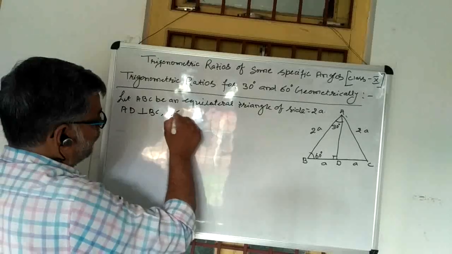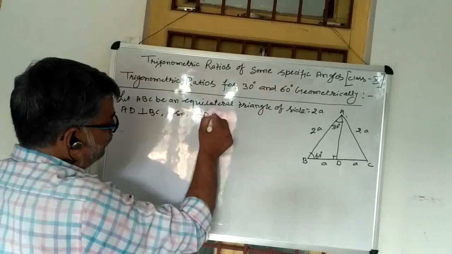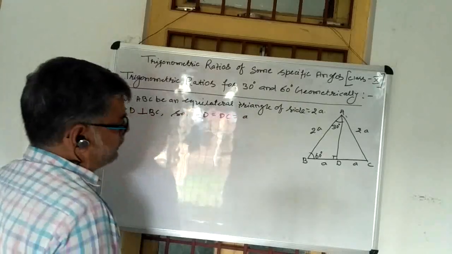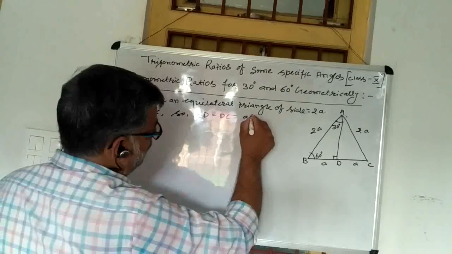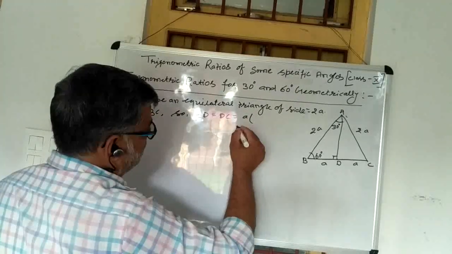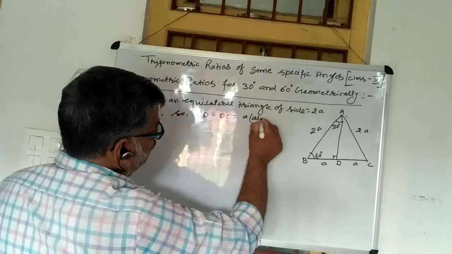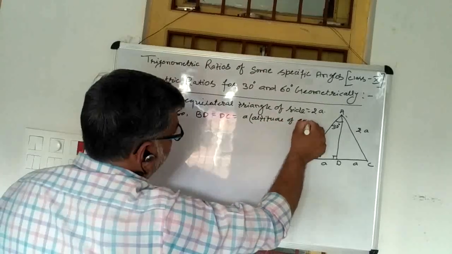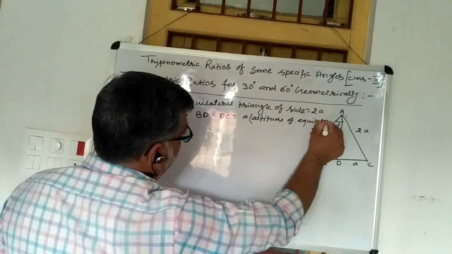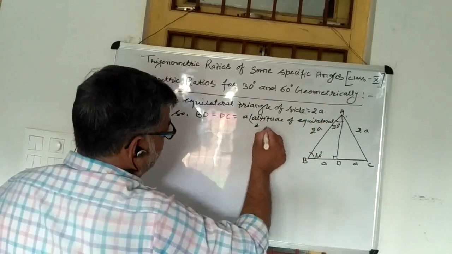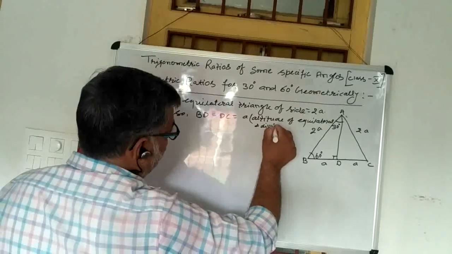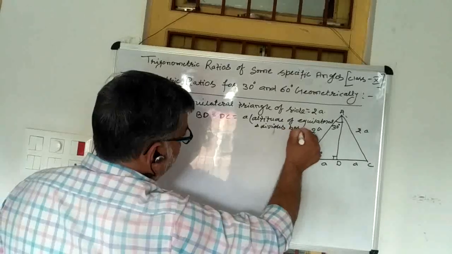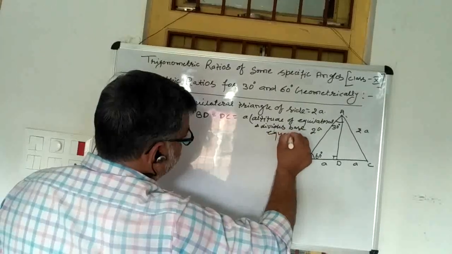So BD equals half of BC equals a, because the altitude divides the base of the triangle. The altitude of an equilateral triangle divides the base equally. This is the property.